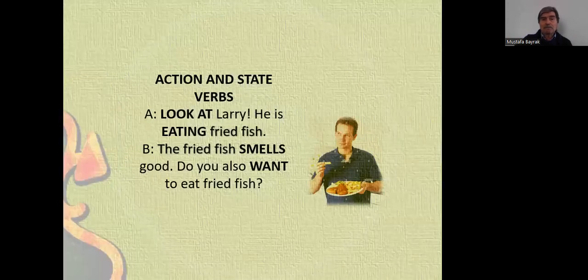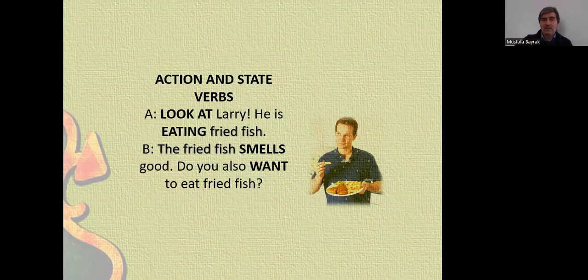For example, let's compare action and state verbs. Look itself is a state verb, but when you say look at somebody, it becomes an action verb. Look at Larry. Check out Larry. He is eating fried fish.